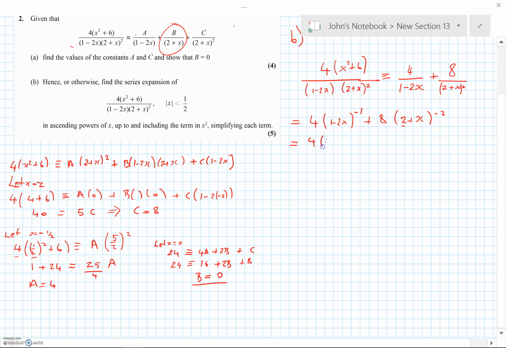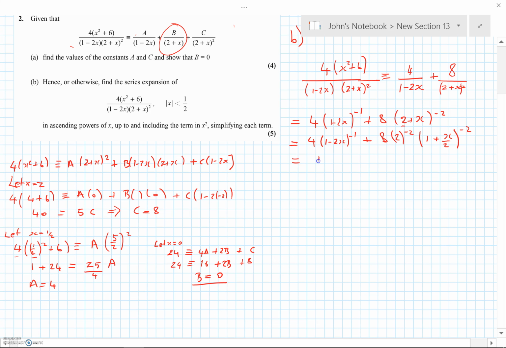This was done pretty well by students I've marked it for recently. But where there was an error, it normally came here. We're taking 2 out as a factor, so that's basically 2 to the minus 2. And then if we take 2 out as a factor, it becomes 1 plus x over 2 to the minus 2.